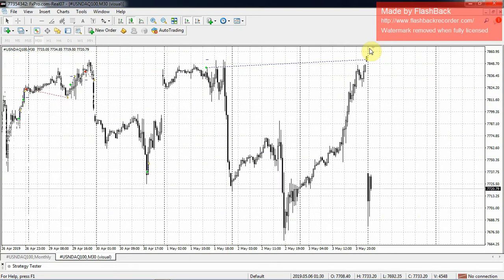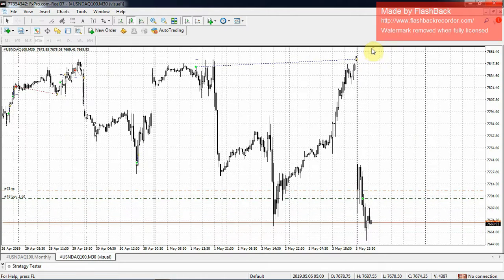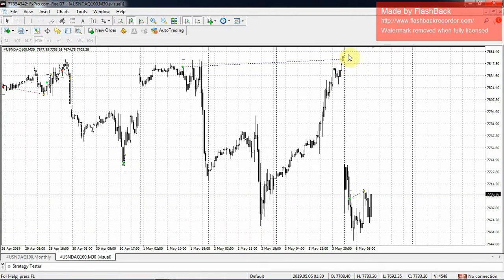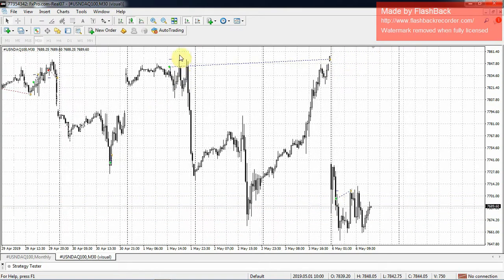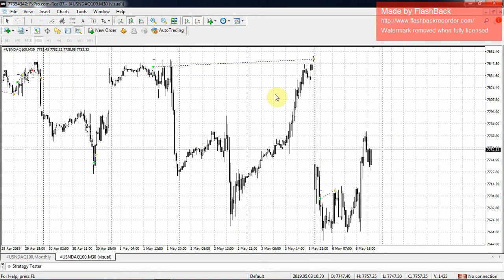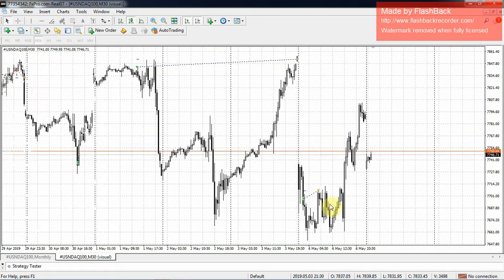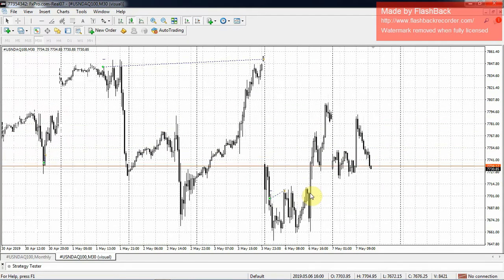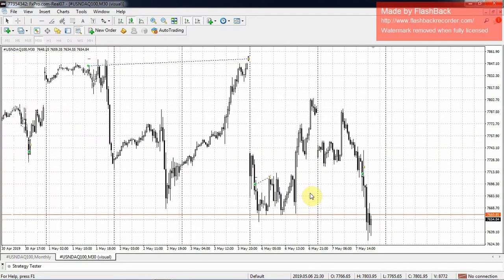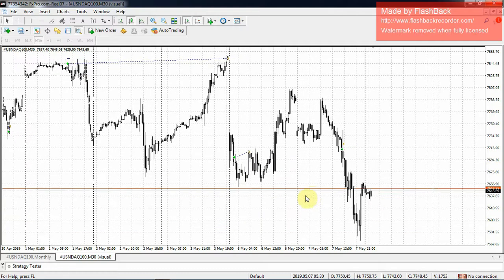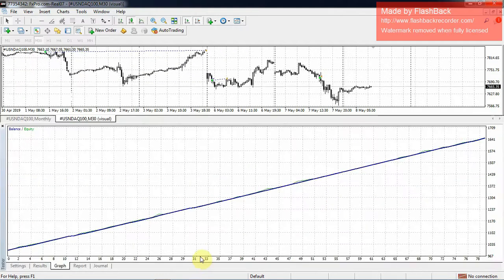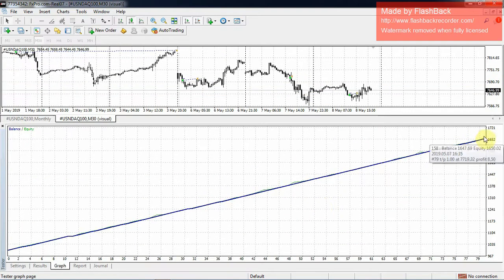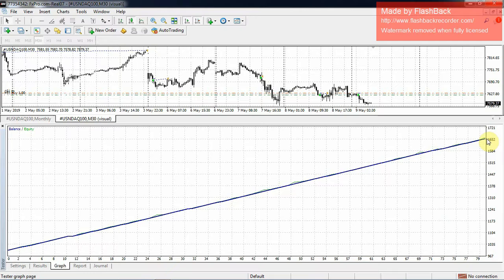We are buying at strategic points where it will be difficult for the market to hit our stop loss.